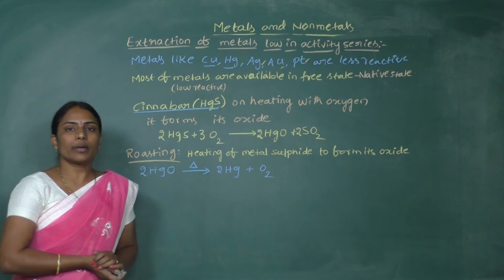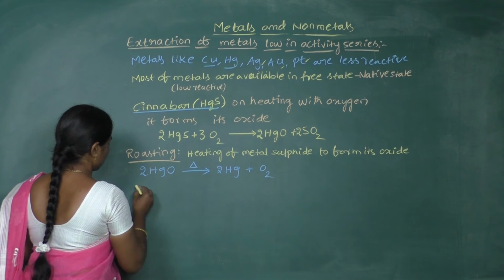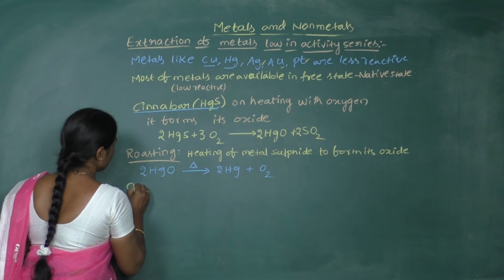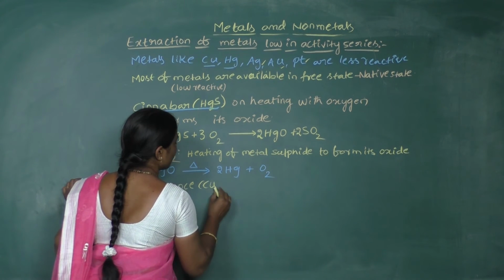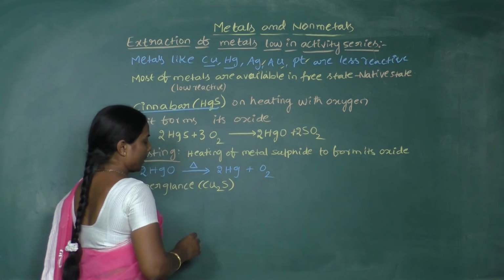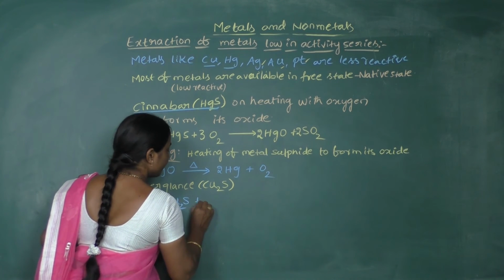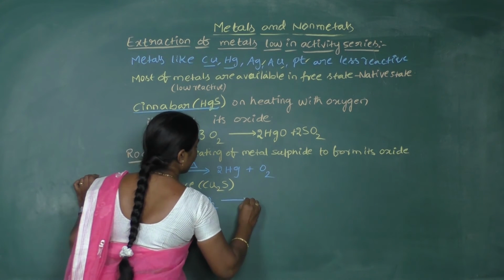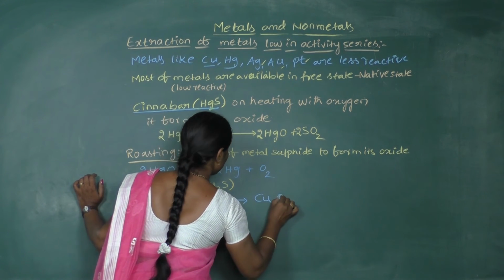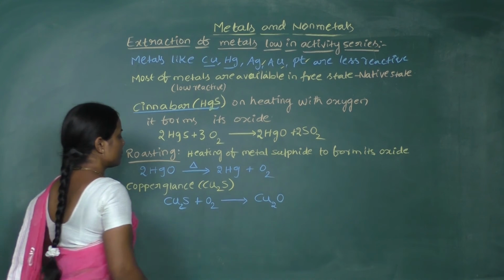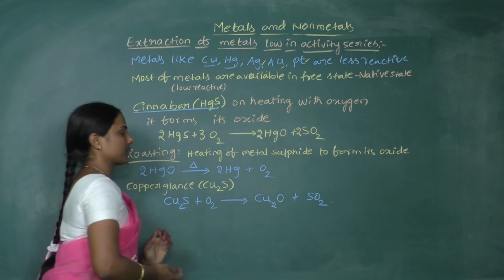Similarly, copper can also be extracted by the same technique. We call it copper glance, Cu2S, and this compound is heated with oxygen so that we can convert Cu2S into Cu2O, so that some of the sulfur is converted into sulfur dioxide, right?